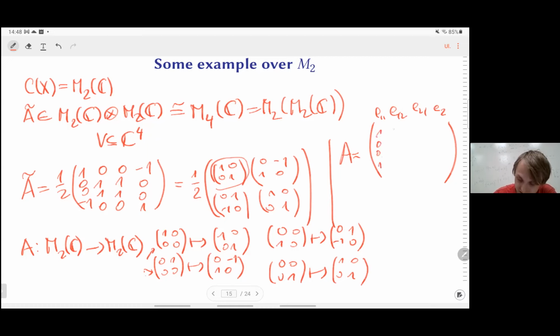The second one has 0, minus 1, 1, 0. The third one has 0, 1, minus 1, 0, and the last one looks like this. And now you can immediately see that this graph is undirected, so this holds. And you could also compute that it has no loops.